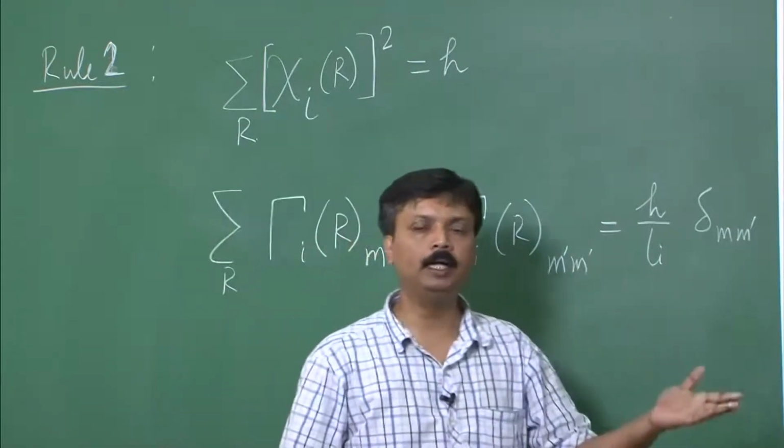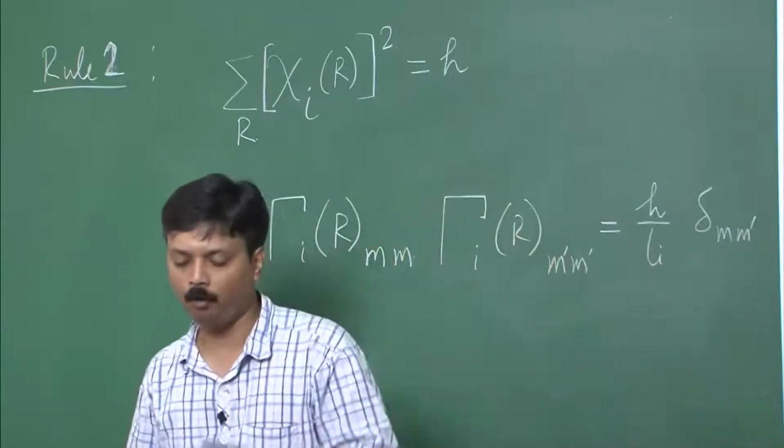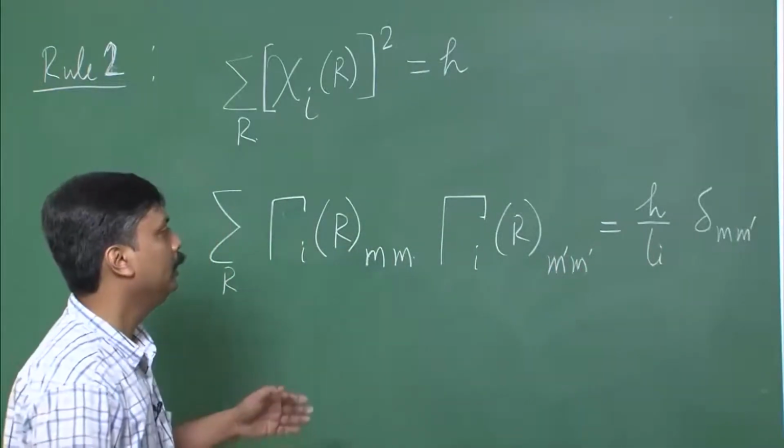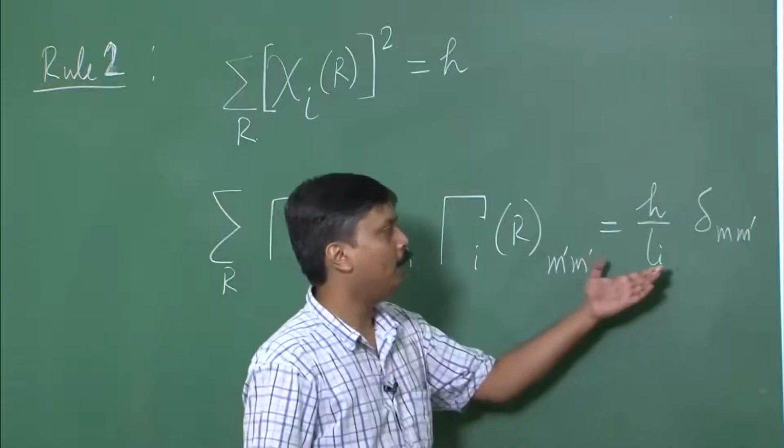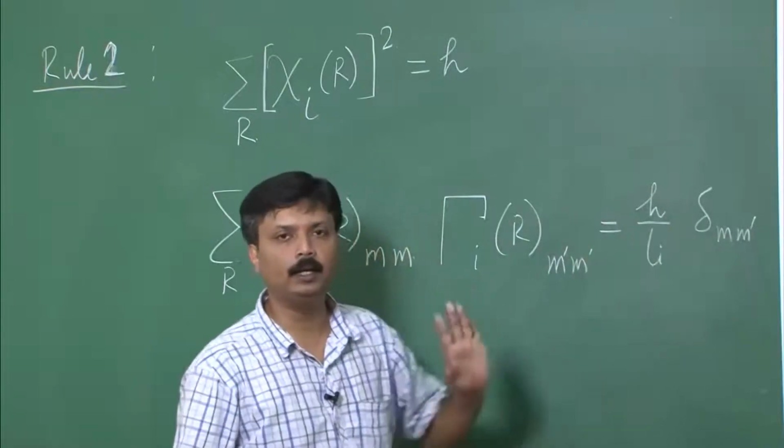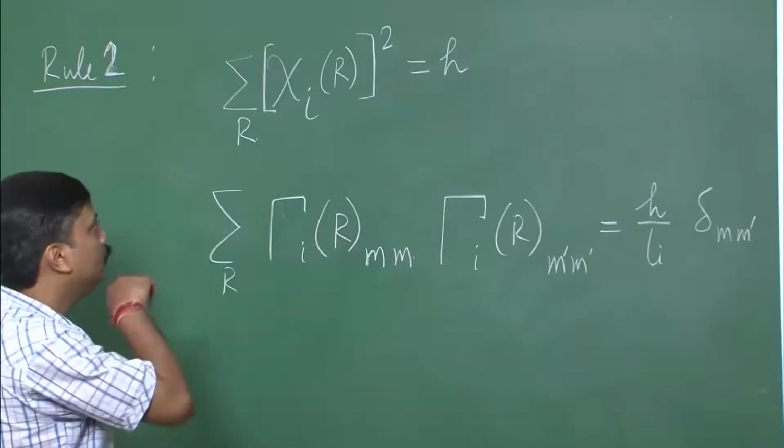So delta ij in the original form of the great orthogonality theorem gives me unity, and we are left with delta m m prime.